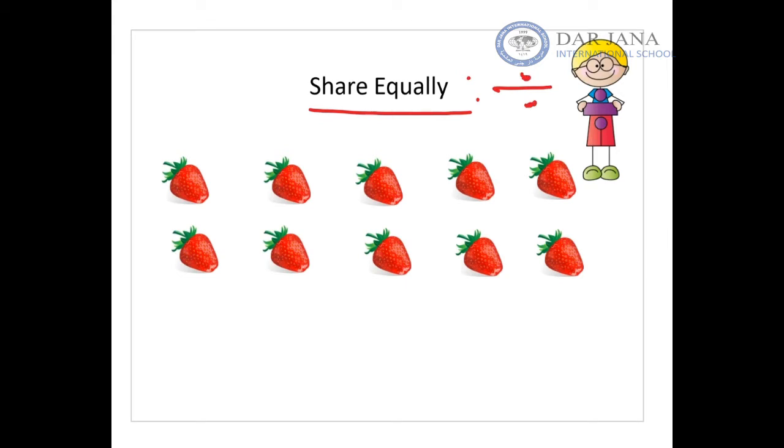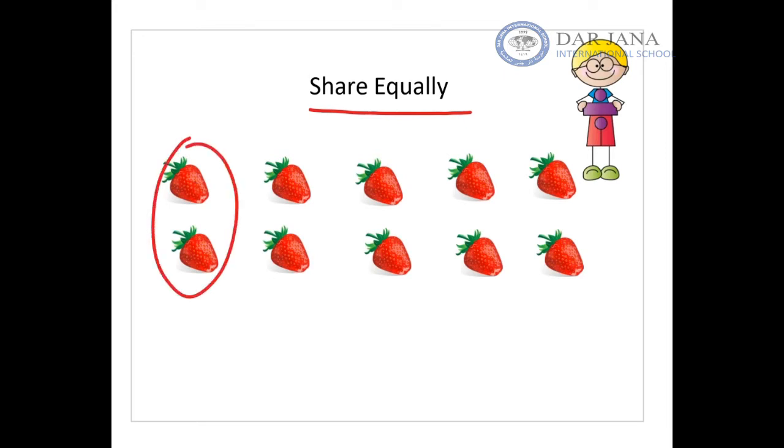Division. Okay, so I have my 10 strawberries, and what I'm going to do is share these strawberries into different cups. Every time, I'm going to take 2 strawberries and put them in a cup. So I start: 1, 2, my first cup.